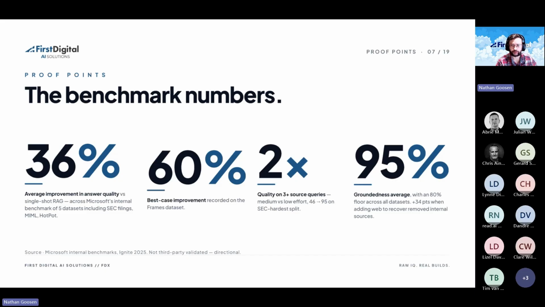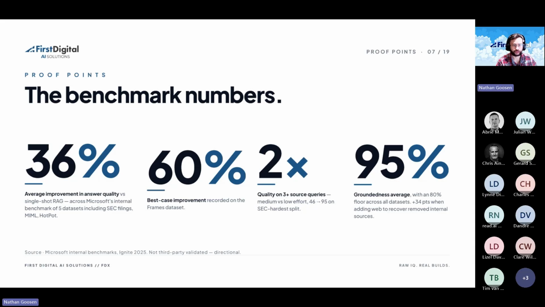By Microsoft's numbers, answer quality improved 36% on average. On queries requiring 3 or more sources, medium effort more than doubled answer quality over low effort, from 46 to 95 on the hardest SEC splits. Grounded averaged above 95% with an 80% floor.